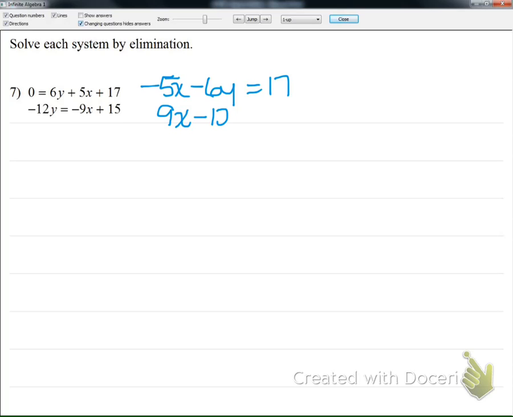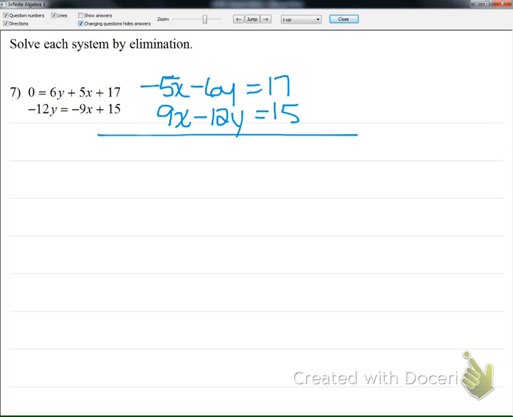The 12y stays negative because I didn't change signs, equals positive 15. I think that's where I made my mistake, if I remember right. I think I had opposite signs before, and now I don't. So I must have had a sign error right there with that negative 12y.